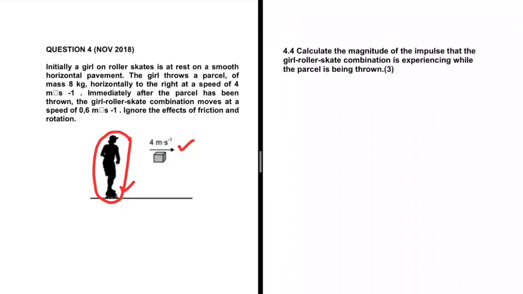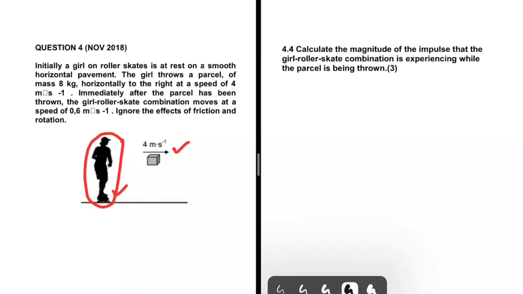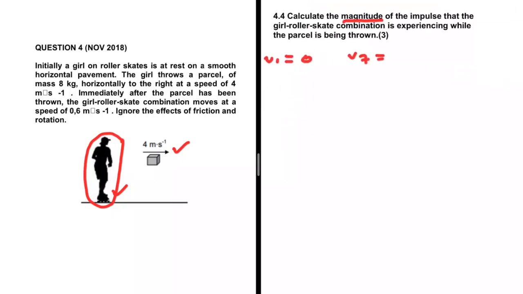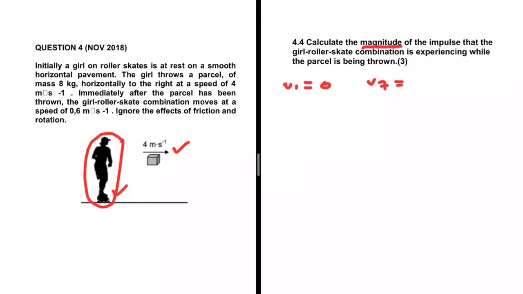4.4. So in 4.4, we're supposed to calculate the magnitude of the impulse that the girl roller skate combination is experiencing while the parcel is being thrown. Okay, so the initial velocity is 0, and then after the parcel is thrown, the velocity is minus 0.6.